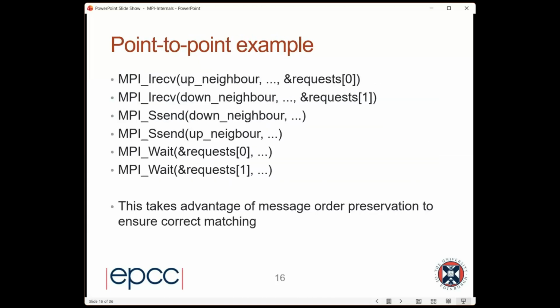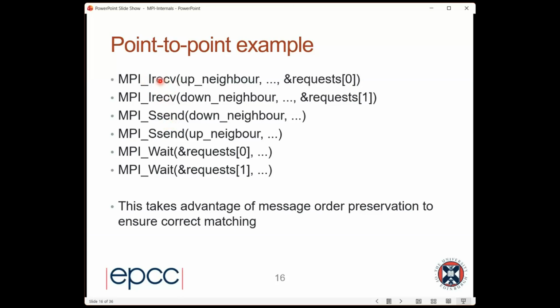So this is the standard example of how you use non-blocking operations. If you want to do a halo swap between up and down neighbors and did this in a blocking way, the code would block, because the receive would wait until the send had been posted, but the send is down here.